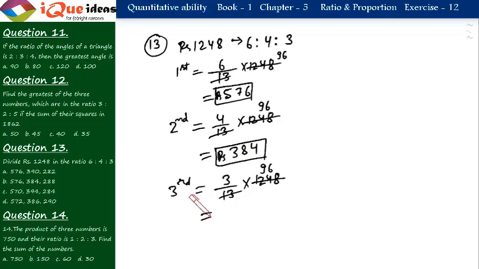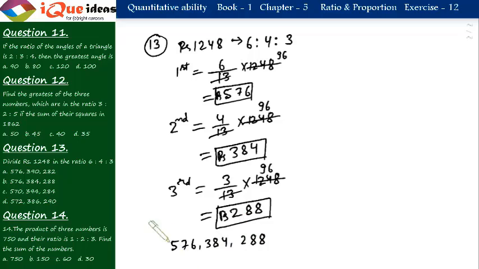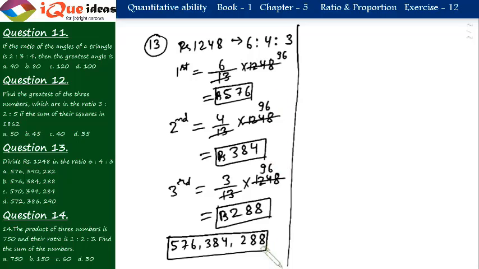So 3 into 96, that is 300 minus 12, that is 288 rupees. So the values are 576, 384 and 288. Or you can also check the options. The one that adds to get 1248 should be the answer. But if there is more than one option like that, you will have to solve. So this was question number 13.